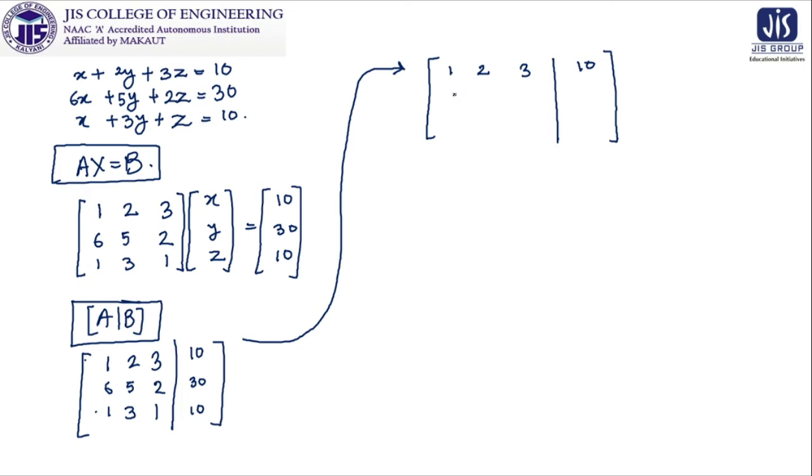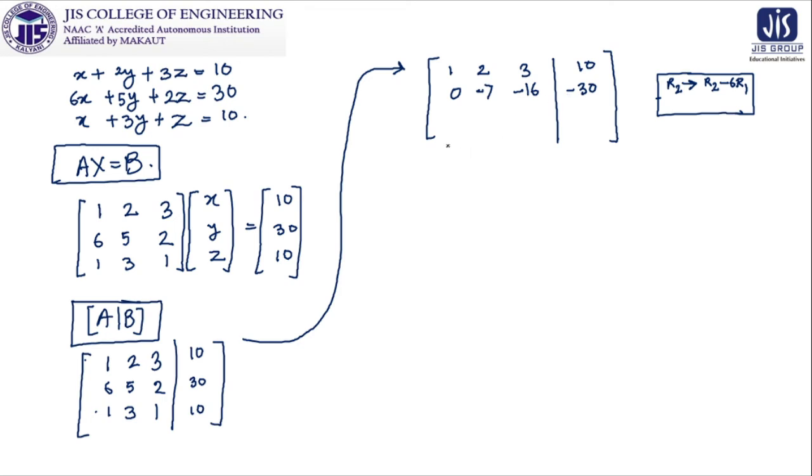If I want to make it 0, I will use the elementary row operation R2 goes to R2 minus 6R1, so that 6 minus 6 into 1 becomes 0. Following this rule for the other elements in the second row, we get minus 7, because 5 minus 6 into 2, that is 12, so 5 minus 12 is minus 7, and in a similar manner it is minus 16, and also in a similar manner it is minus 30.